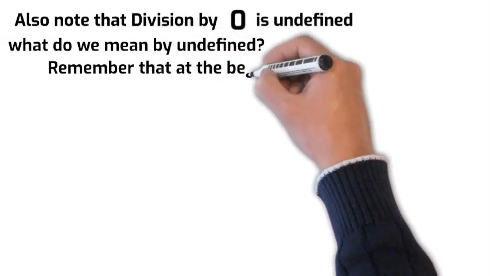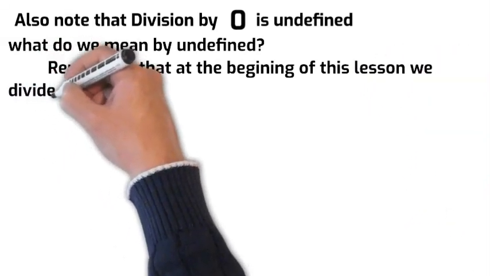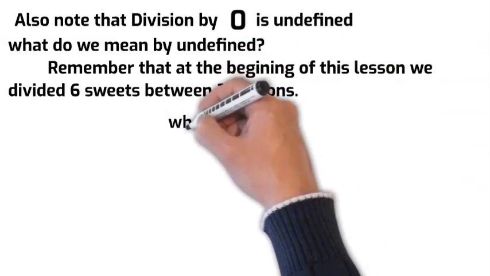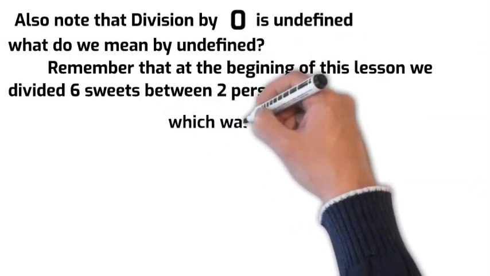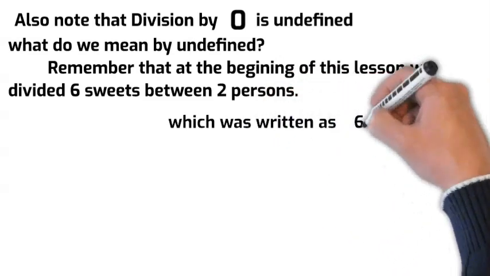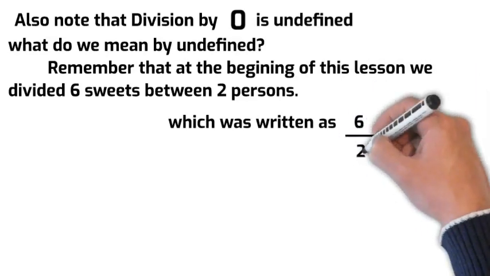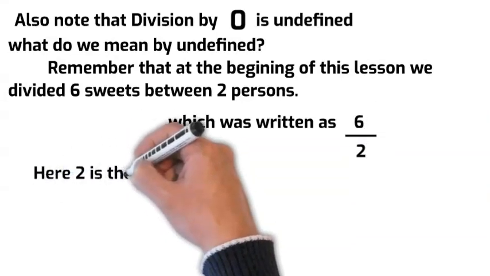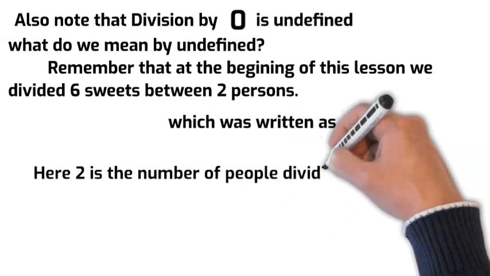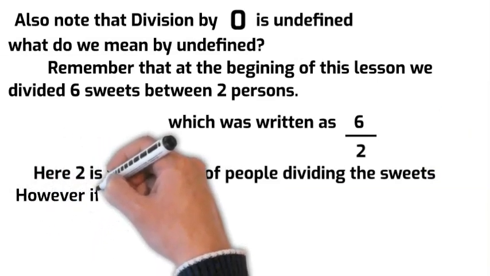Remember that at the beginning of this lesson, we divided 6 sweets between 2 persons, which was written as 6 over 2. Here, 2 is the number of people dividing the sweets.